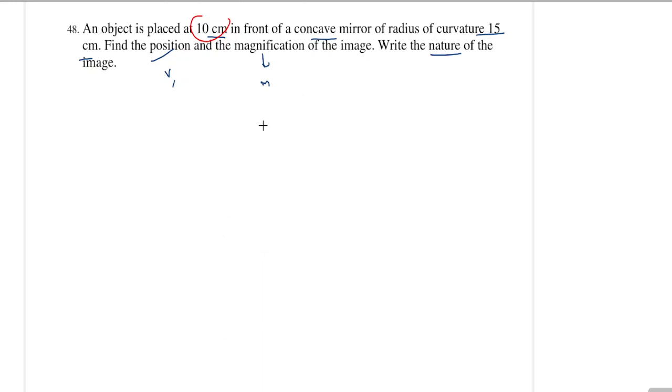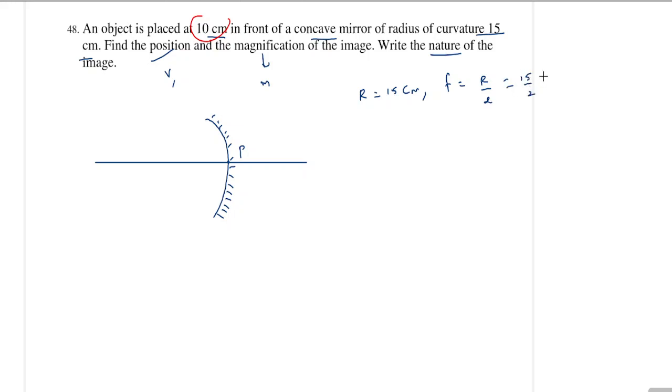So here it is a concave mirror, and recall that for a concave mirror, how will the image look? We have a principal axis. This would be its pole. Here the radius of curvature is 15 centimeter, and the focal length is given as r by 2, which is 15 by 2 centimeter, which is 7.5 centimeter.